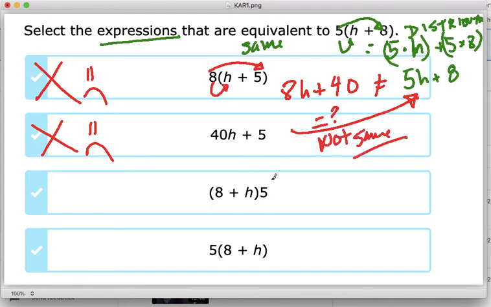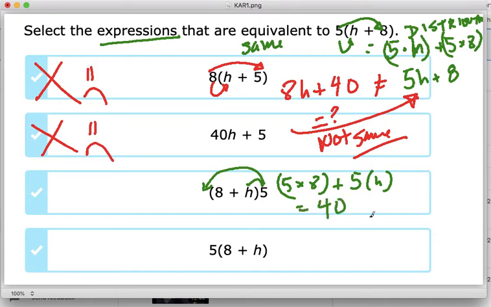What about this? What if the 5 is on the other side? Well, we do the same thing, and we do the distributive property just in reverse. And we end up with 5 times 8 plus 5 times h, and that gets us 40 plus 5h. And is that the same?